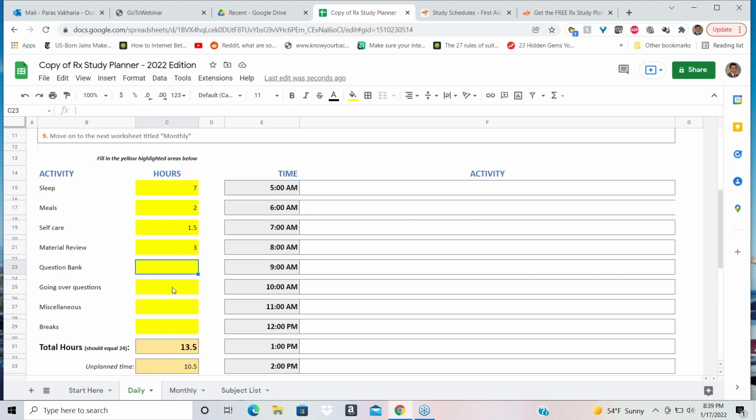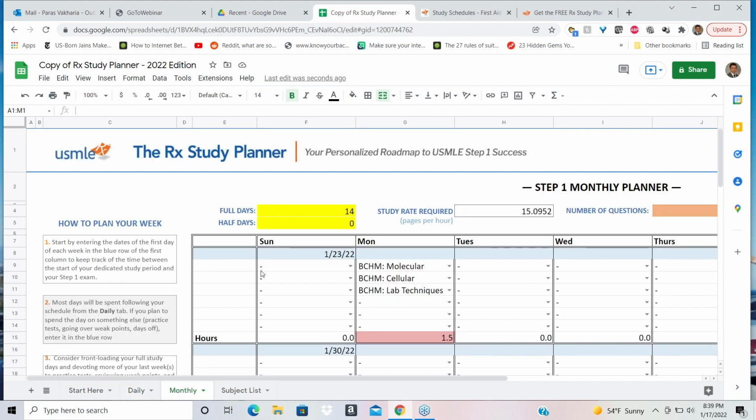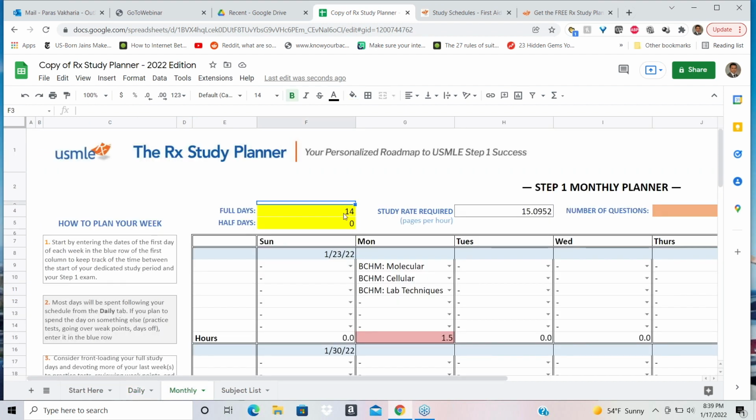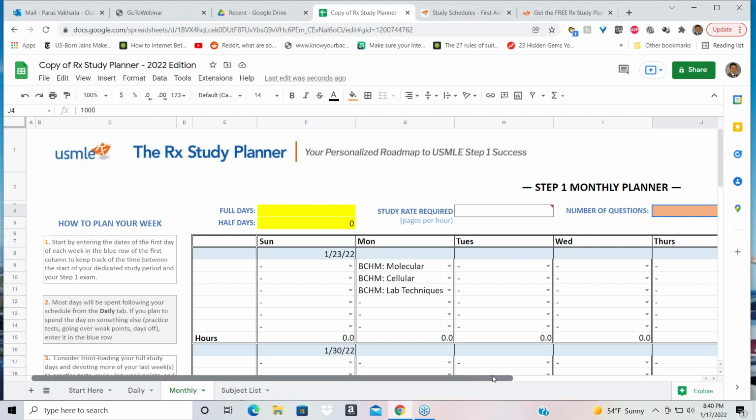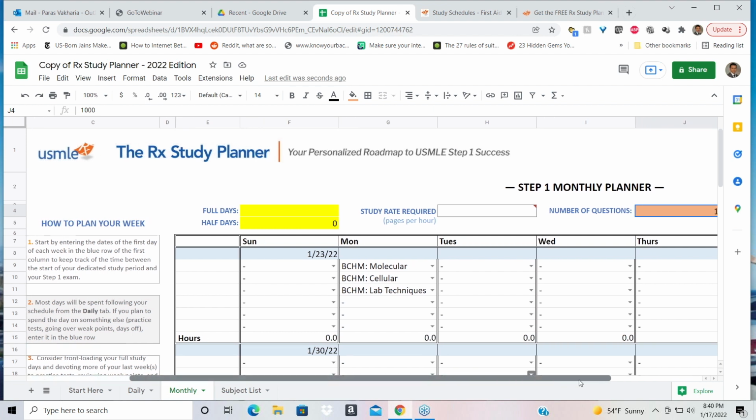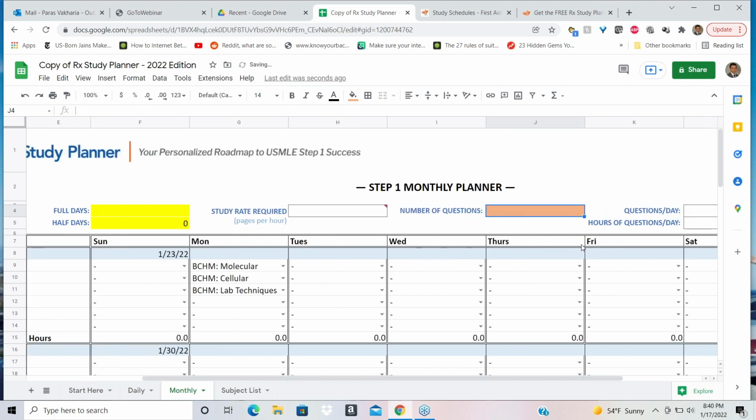Okay. You want me to just fill in something for here? Yeah, let's take a look here. Based on how many questions you have to accomplish and how many days you have in your study period, you can enter in that value.